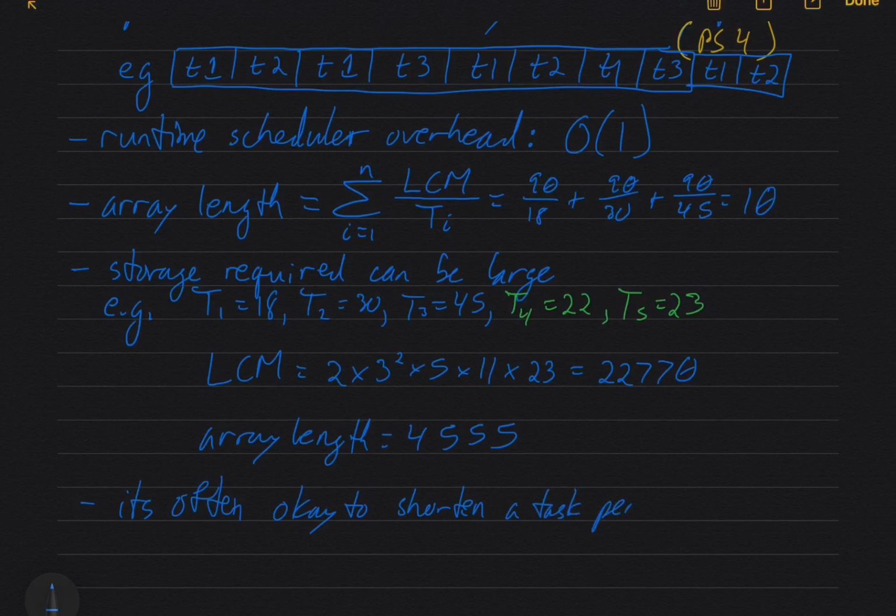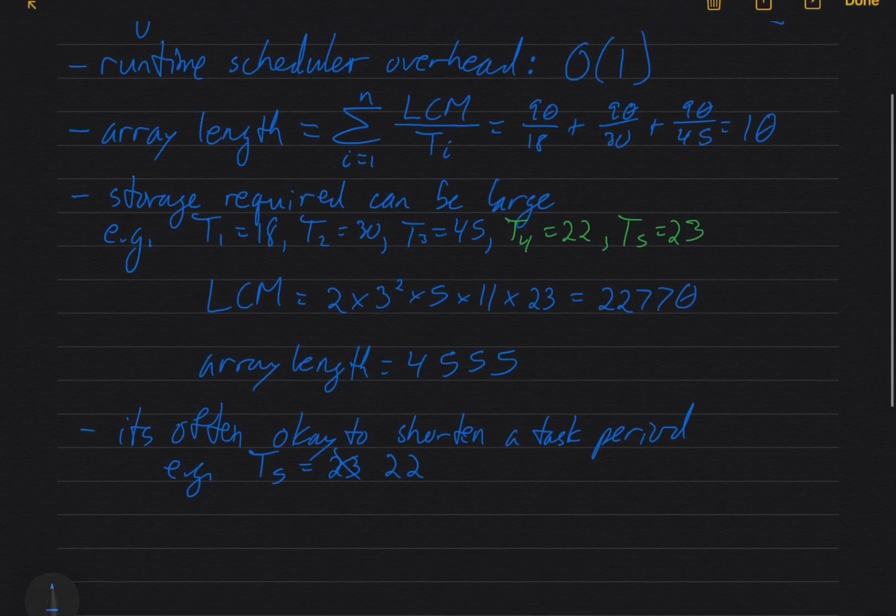And so if we do that, say we change the period of task 5, which was 23, let's make it 22. That's still pretty close to the original. And now the least common multiple is just going to be 2 times 3 squared times 5 times 11.